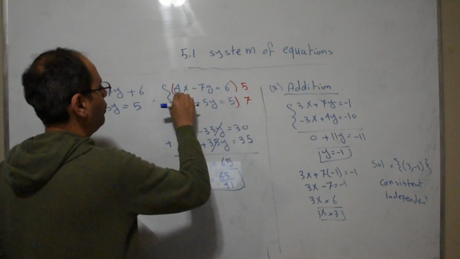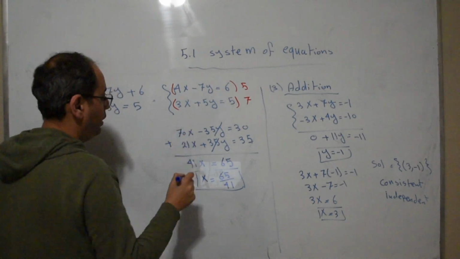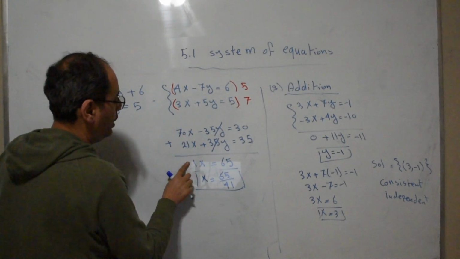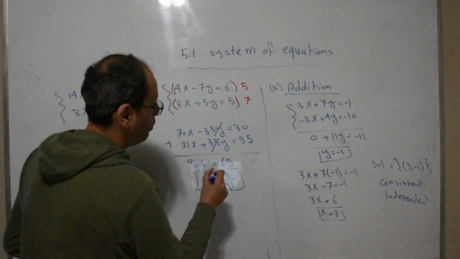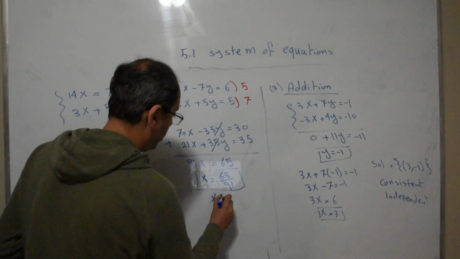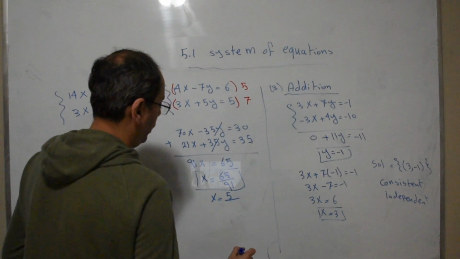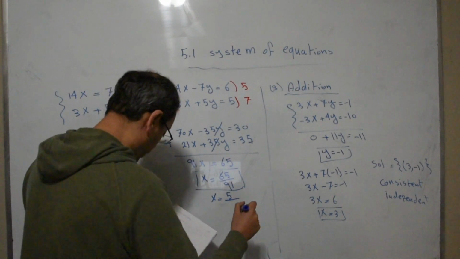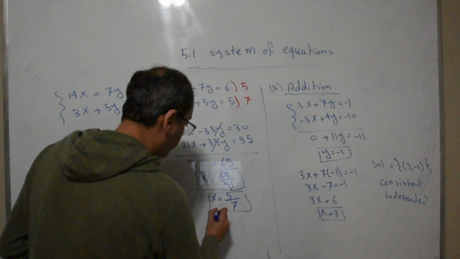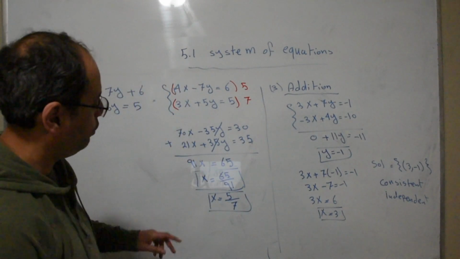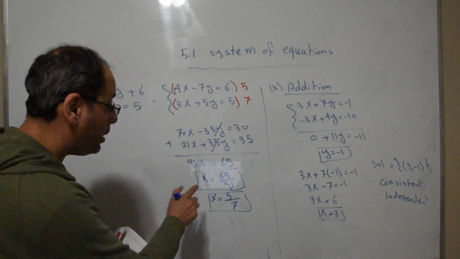So with 14, 5 times 14 is 70, so that would be 70. And here it is 91, so that should be over 91. This is divisible by 13, so x equals 5 over 7, after dividing by 13. Sorry for mistyping here. I forgot the one. Alright, so now I got x.